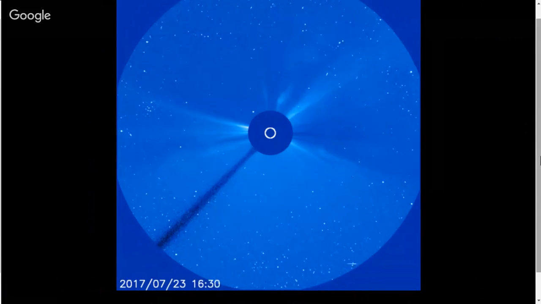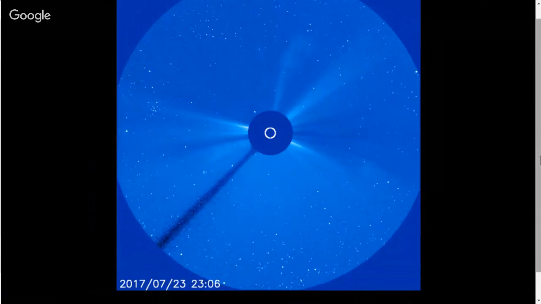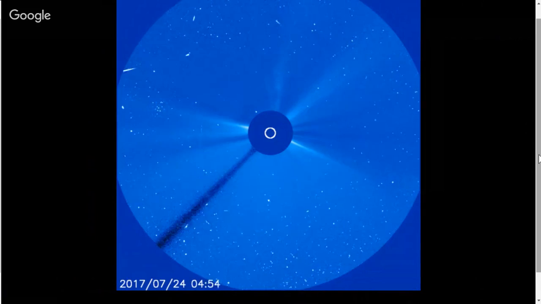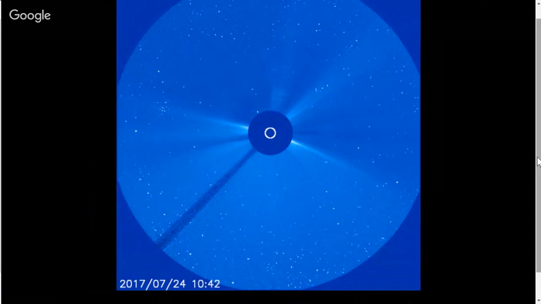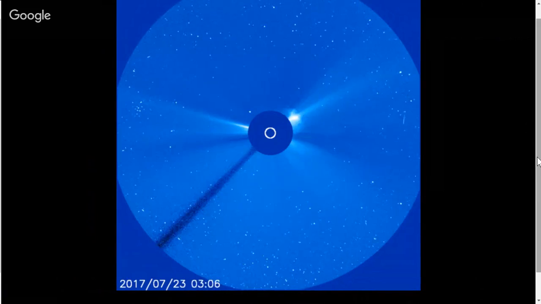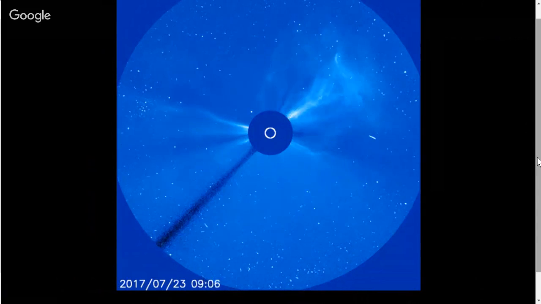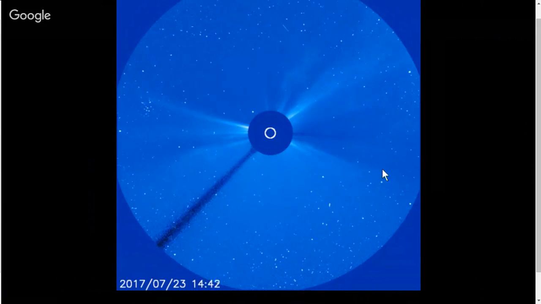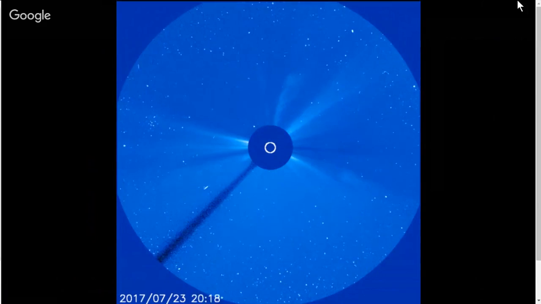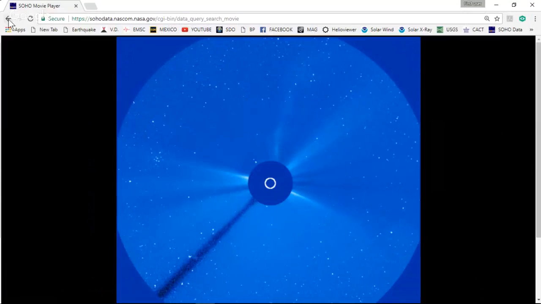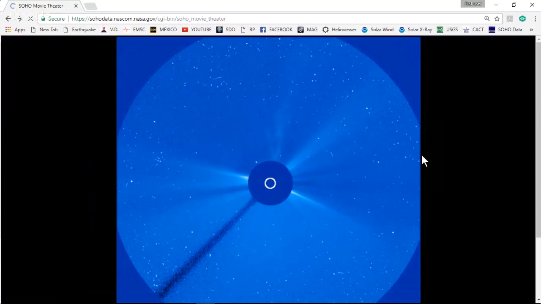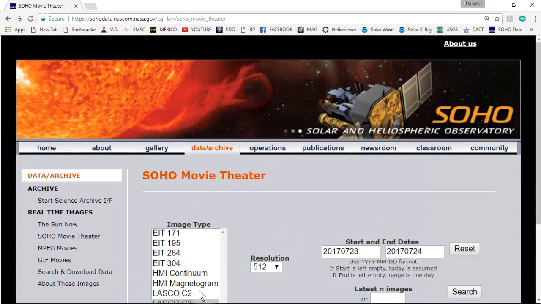Wow. You know, folks, and that shock wave that came off of the sun from that CME, let's just face it, that was a massive explosion. It doesn't look that dramatic on the C3. So what we're going to do is move over to the C2, which is the red imaging.